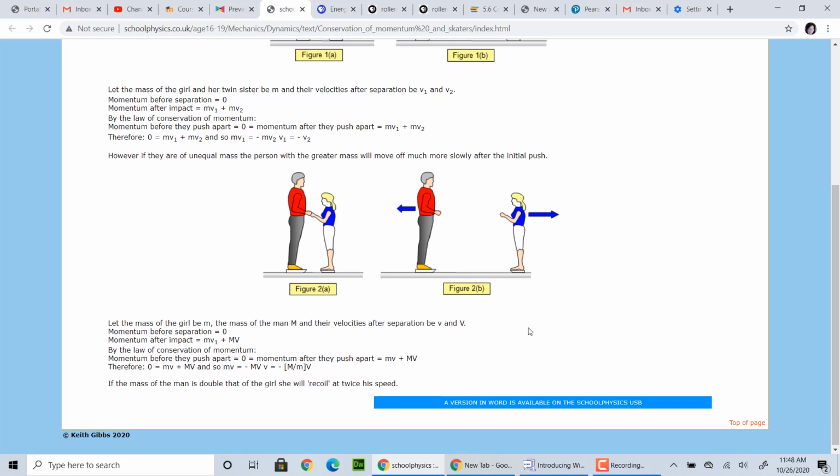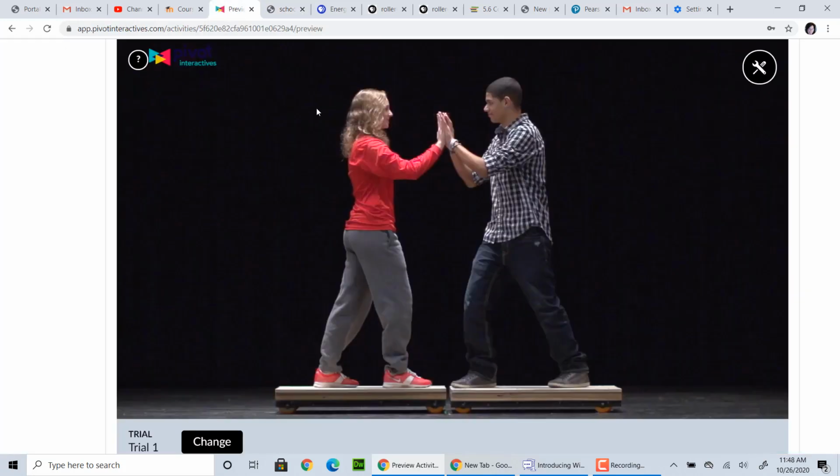In order to find the impulse delivered, which is the change in momentum, you would want to consider, for example, the initial person. Let's say you wanted to find it on this guy, you would take his initial velocity and his final velocity and his mass and find the change in momentum to find the impulse delivered.